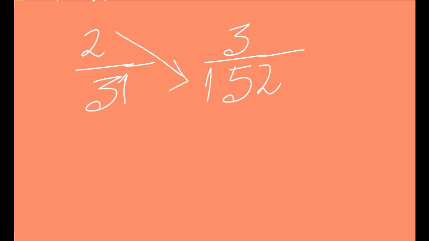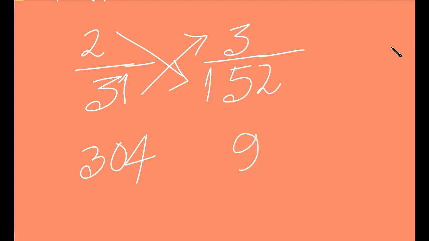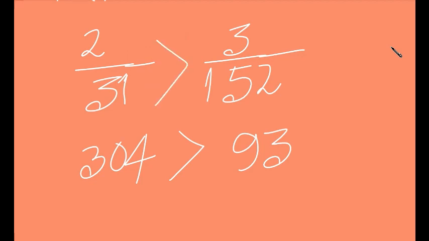Okay, so 2 into 152 is equal to 304, and then we need to multiply 31 with 3, so that is 93, and we write it here. So now compare between them. 304 is greater than 93, right? So 2 by 31 is greater than 3 by 152. Ta-da! It's all done. It's quite simple, isn't it?